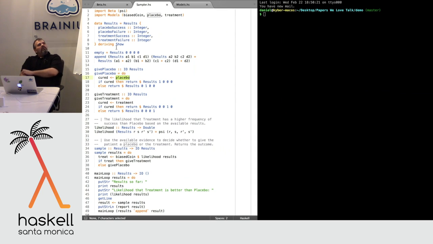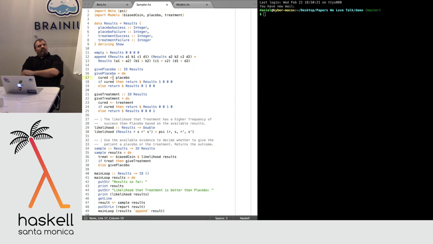Okay. And we have the treatment. What is a treatment? Something that is also hidden from us. But placebo and treatment are very simple. You call placebo in order to determine whether or not someone who took the placebo is cured. You call treatment to determine whether or not someone who was given the treatment was cured. So that's right here.